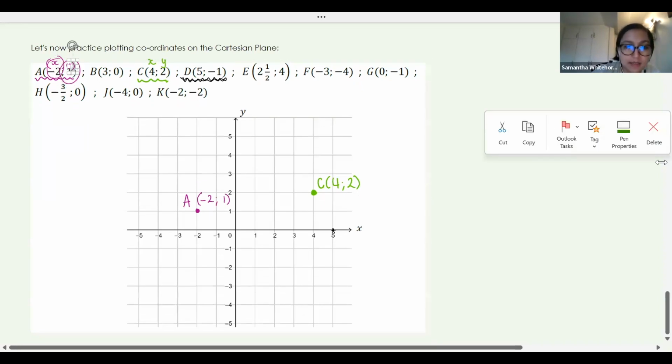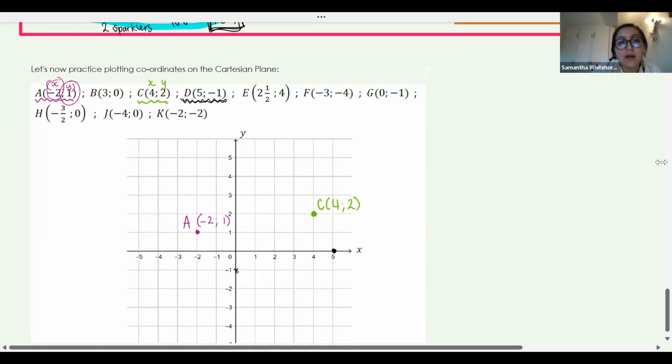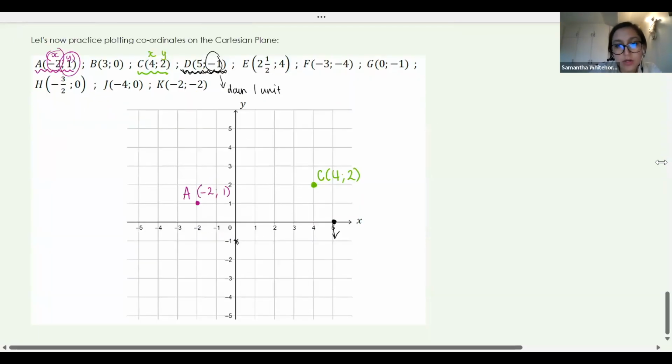Excellent. I quite like that explanation, guys. Because we're on the x-axis at 5, we know that this -1 means we've gone down 1 unit. You can almost think of it like moving a point. And when we go down 1 unit, that is where we're going to get our coordinate for D.